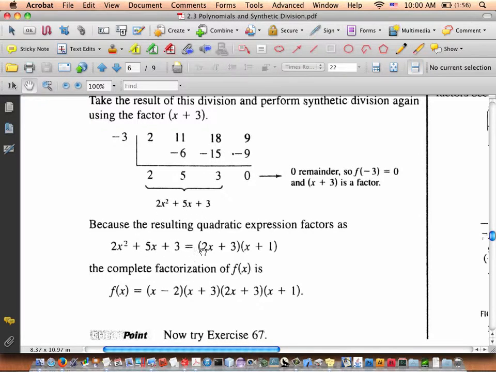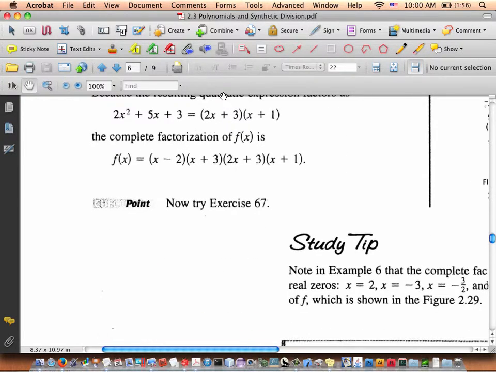That's now factorable into 2x plus 3 and x plus 1. So the final function is now completely factored. It's x minus 2, x plus 3, 2x plus 3, x plus 1.